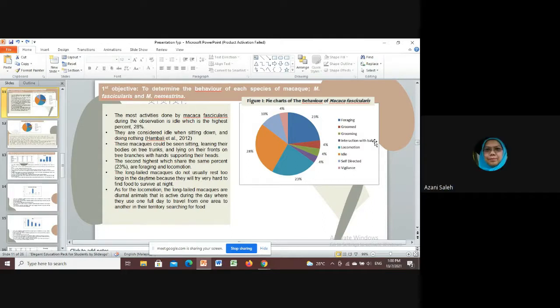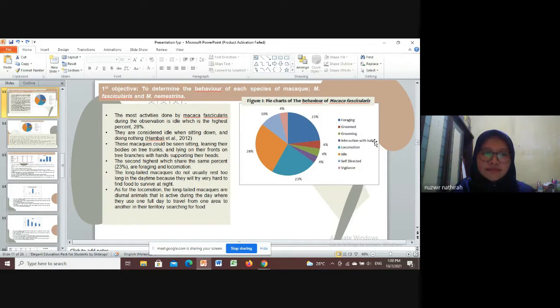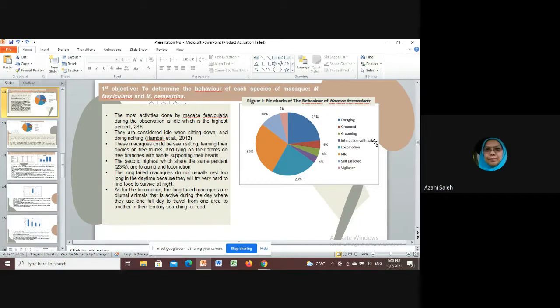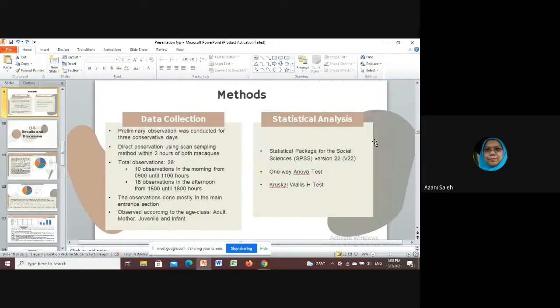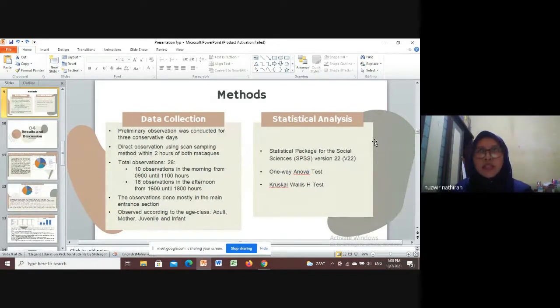But the one sample, you also counted in your results, is it? Yes, counted. How many samples are there? The number of animals involved in your study? The Macaca fascicularis is 211. The Macaca nemestrina is 69.